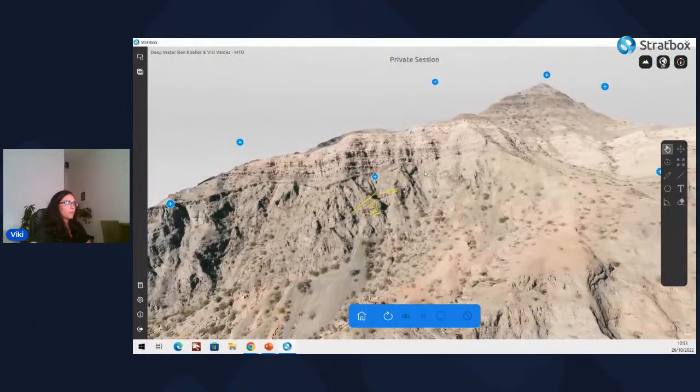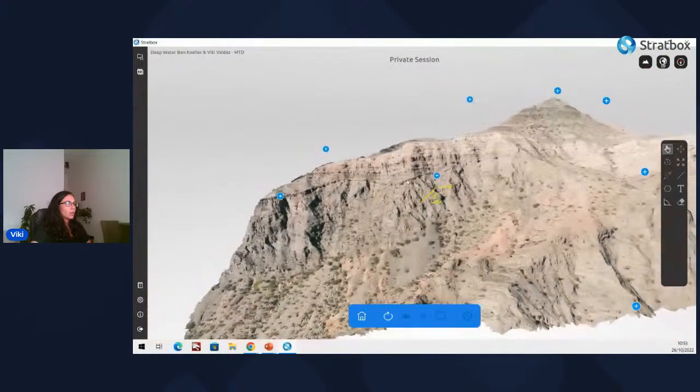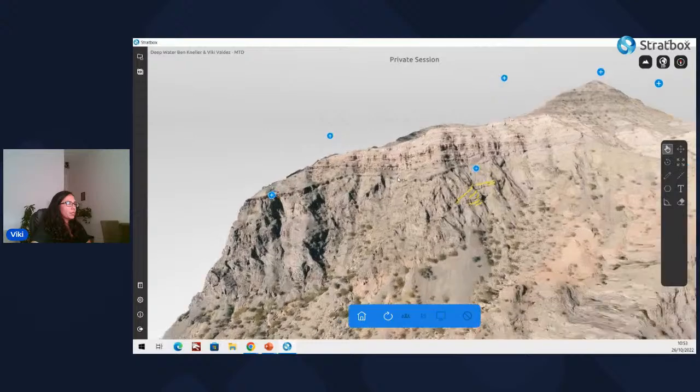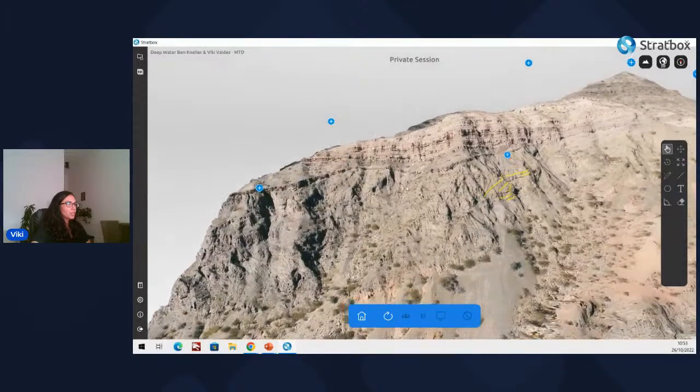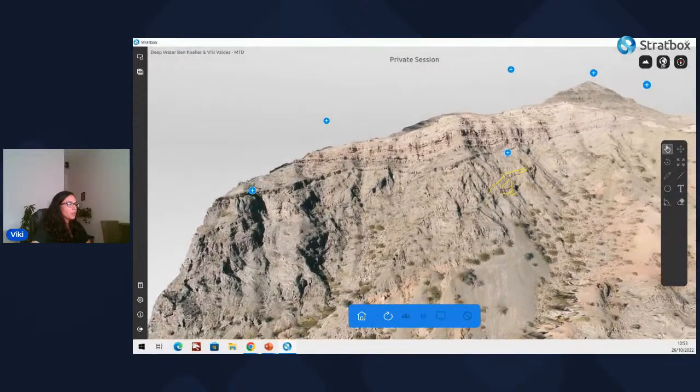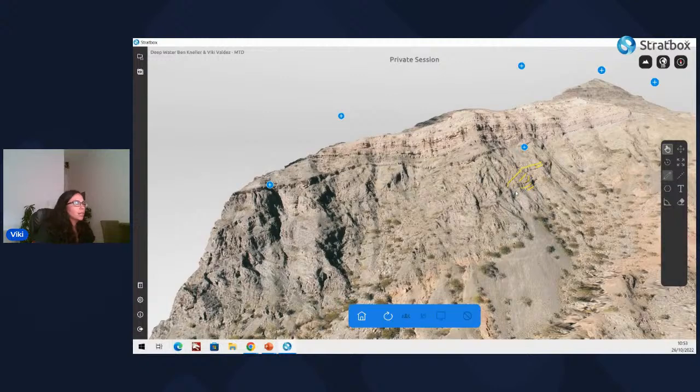So now, if we pay careful attention to the top of this mass transport, we can tell that the top is not flat. It has some irregularities.